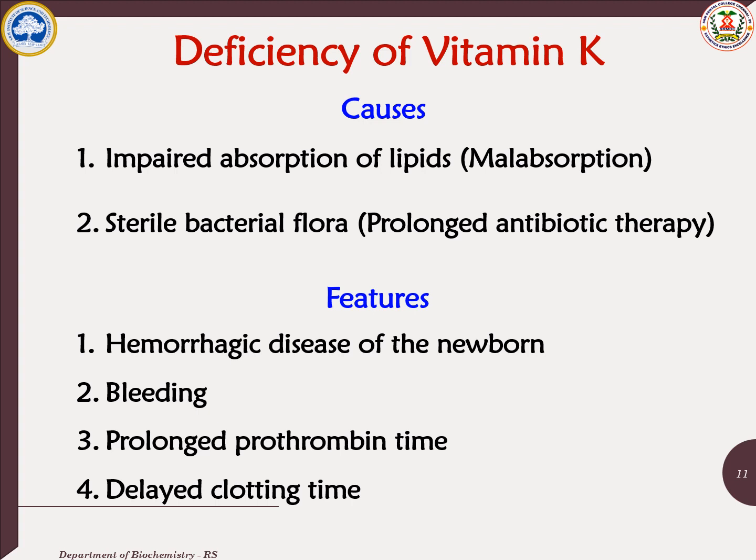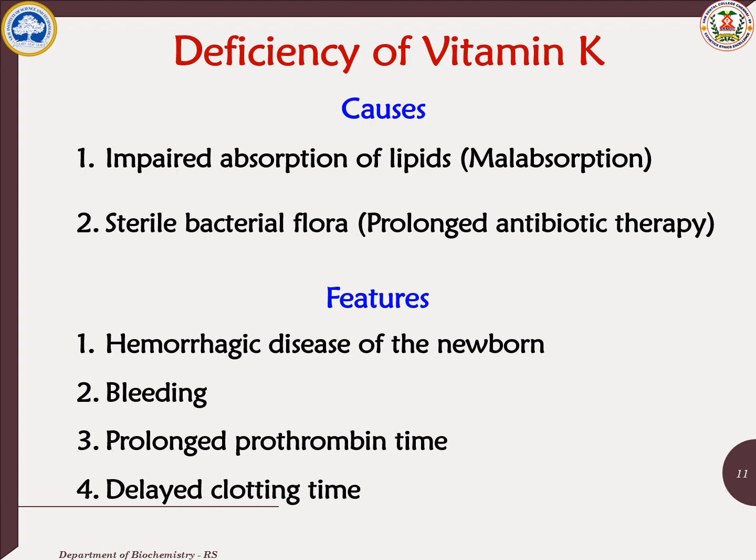So if you are undertaking any antibiotic therapy for a long time, or any drug which clears all the bacterial flora of the intestine, that can also affect the vitamin K level in your body, which in turn leads to development of some of the features such as hemorrhagic disease of the newborn.